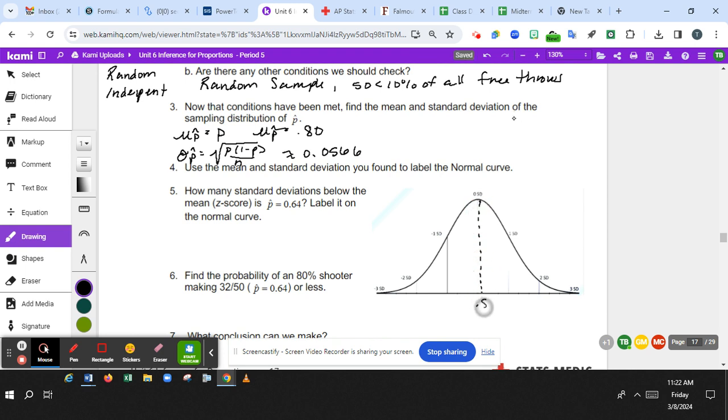This would be 0.8. So 1 standard deviation below 0.8 would be 0.7434, and 1 standard deviation above would be 0.8566. Okay, you can go ahead and label all of them if you'd like.